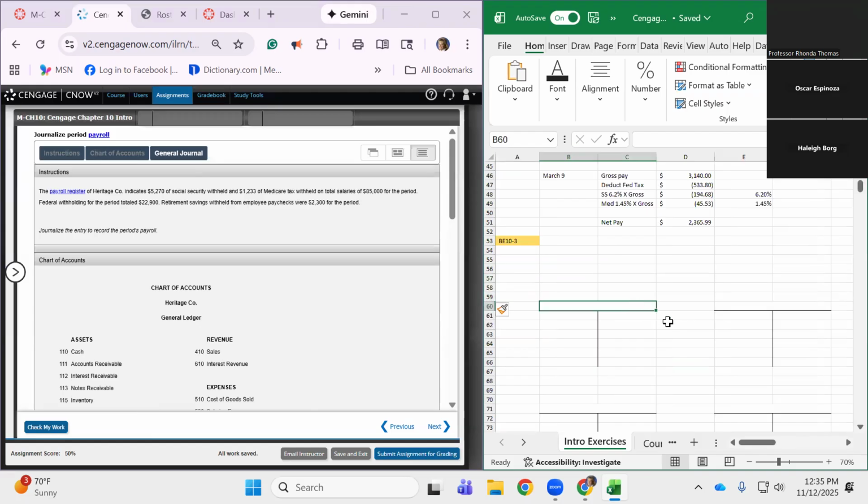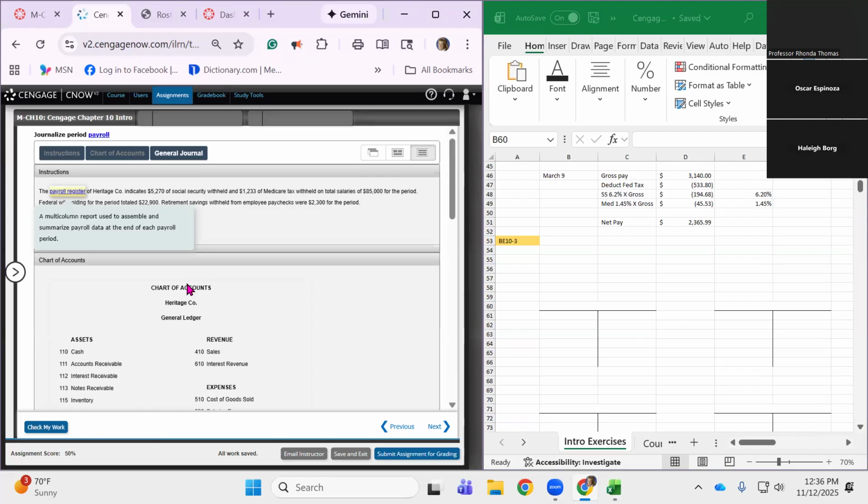It says the payroll register. What's a payroll register? It's a multi-column report to assemble and summarize the payroll data at the end of each payroll period. So when you pay people, you have to pay them their net pay, but you're going to expense all of their pay as wages and salaries expense or something.